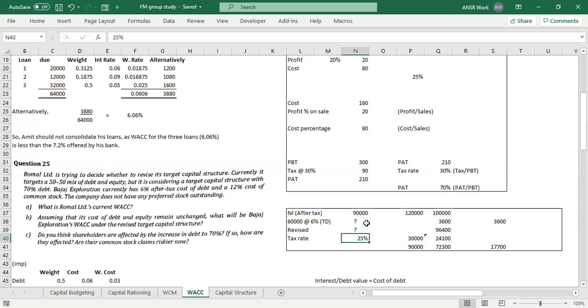Do you remember that analysis that we did? Yes, 1,20,000, that is absolutely correct. So if tax rate is 25%, what is 75%?